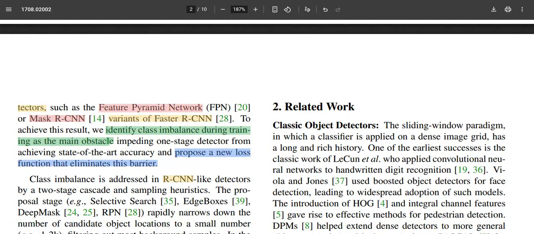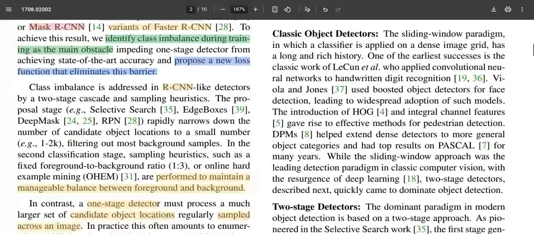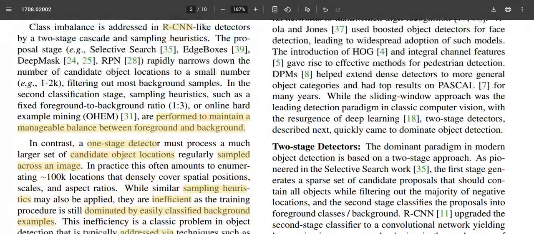We know that single stage detectors involve a very exhaustive search like the sliding window approach, generating around 100K locations, in which only a few samples belong to a particular category, while other samples belong to no category and are easy examples.